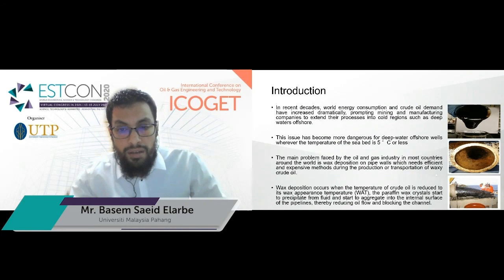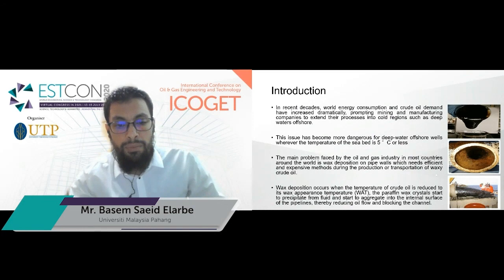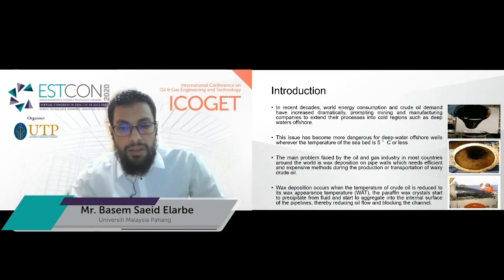Actually, wax deposition happens when the temperature of the crude oil drops below its wax appearance temperature. The wax starts to precipitate from the fluid and aggregate onto the internal surface of the pipeline, thereby reducing the flowability and increasing the viscosity, and sometimes plugging the channel, as you can see in this figure.